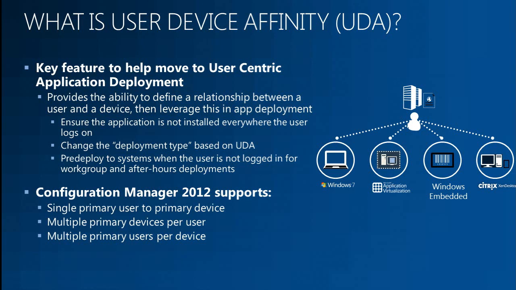And that's a primary relationship, not as a guest, not someone that logs in for a second. We can base the relationship of UDA on a number of different properties. There's a number of different algorithms we'll run. There's logon attempts, there's not attempts, but successful logons. There's ways that you as an administrator can set this relationship. There's actually ways that the user can set this relationship if you allow them to do that. So there's a number of ways that we can set up this relationship.